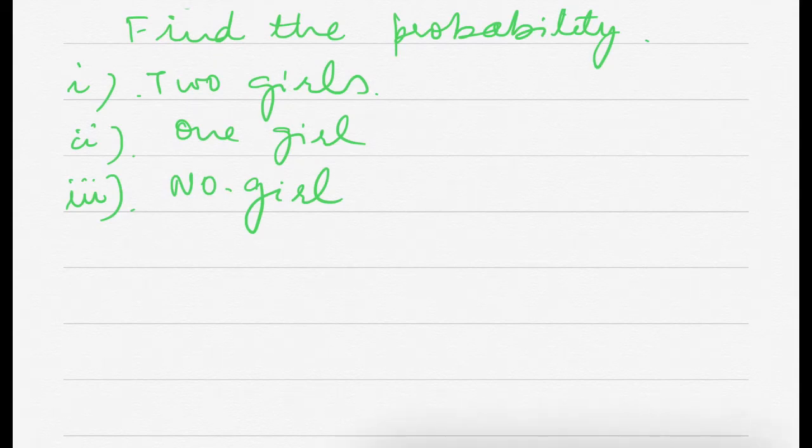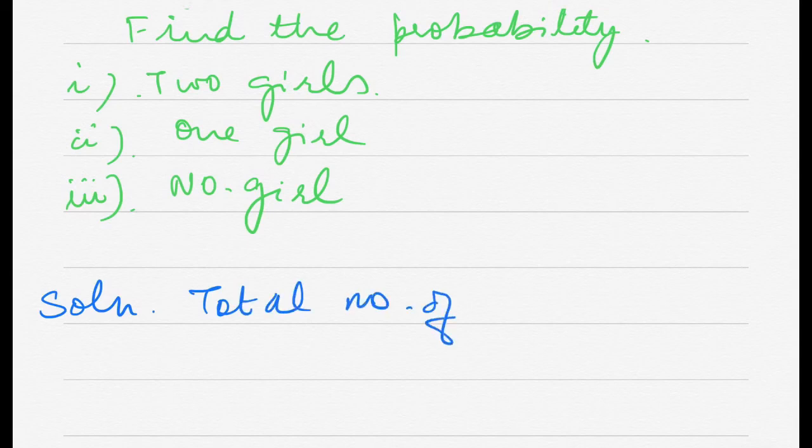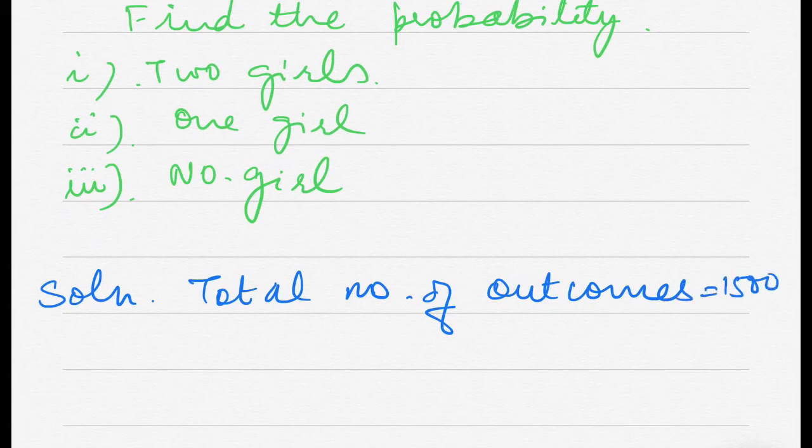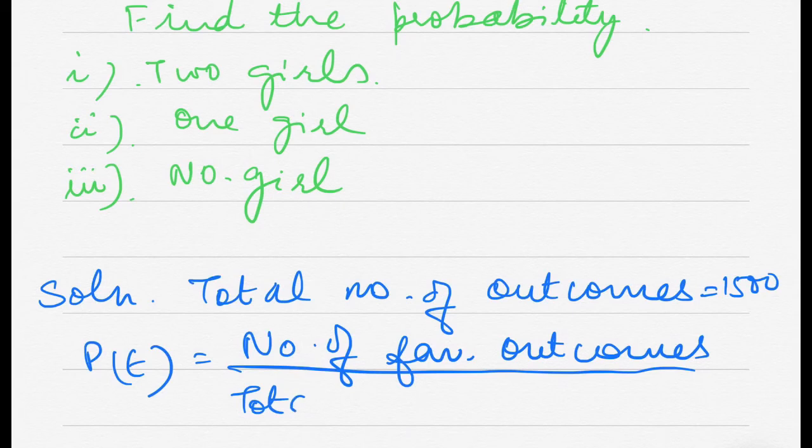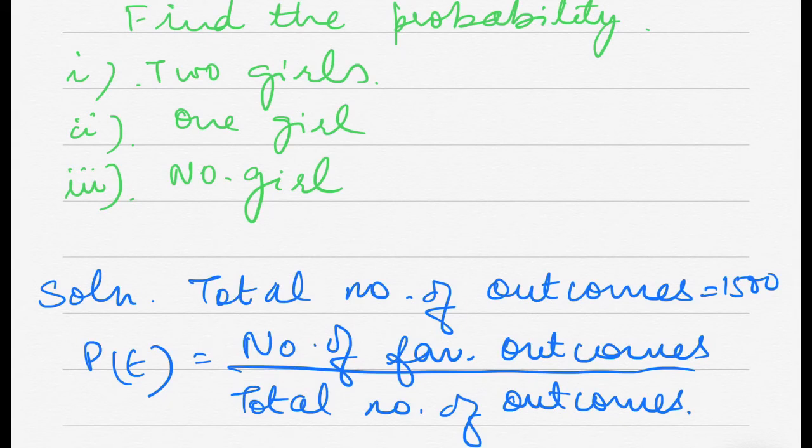So for my solution I will start with the total number of outcomes, which are 1500, we know this, and I'll write down my formula: number of favorable outcomes of that event by total number of outcomes. So this is fine.